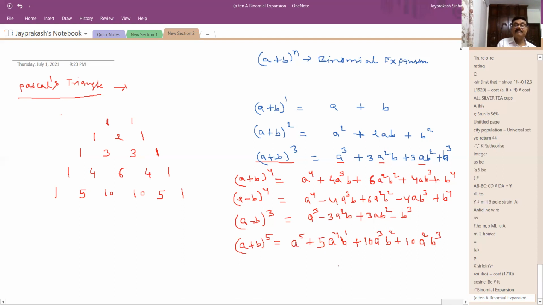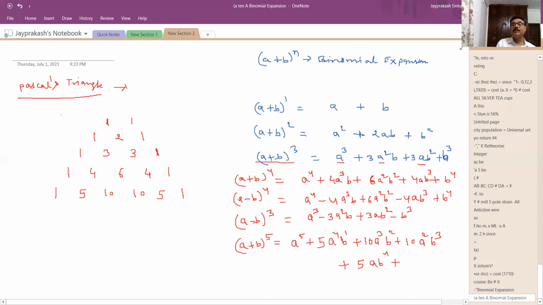Now the next term: the coefficient is 5, and the power of a will be reduced by 1, it will become a, and the power of b will be increased by 1, it will be b4. Plus, what is the coefficient of the 6th term? 1. If it is 1, you can write it or not, it doesn't matter, so leave it as it is.